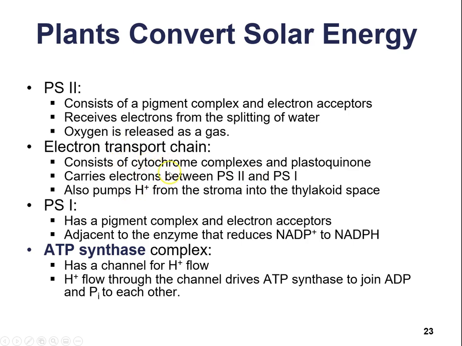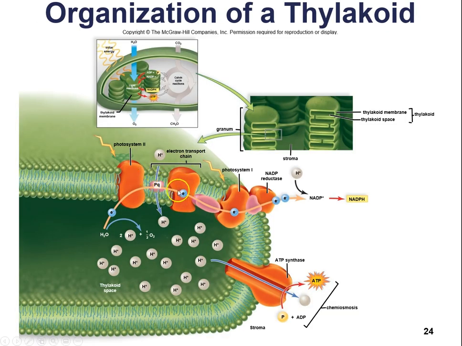And basically, it consists of protein complexes, right? So cytochrome protein complexes, and another type of protein here, plastoquinone. You guys don't need to know specific names of these proteins, okay? But basically, these are carriers that will move these electrons from complex to complex, right?